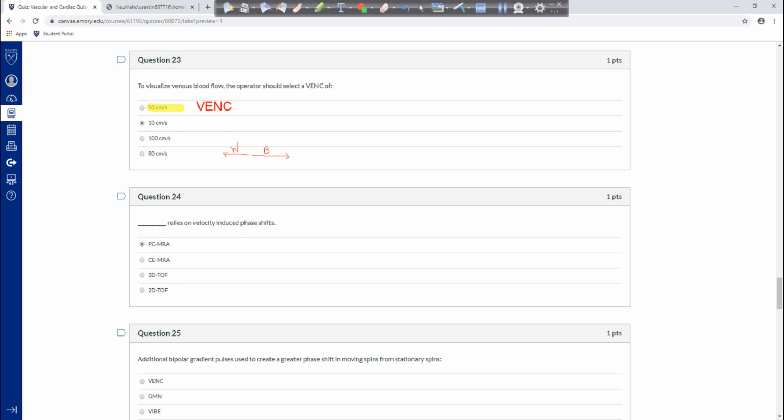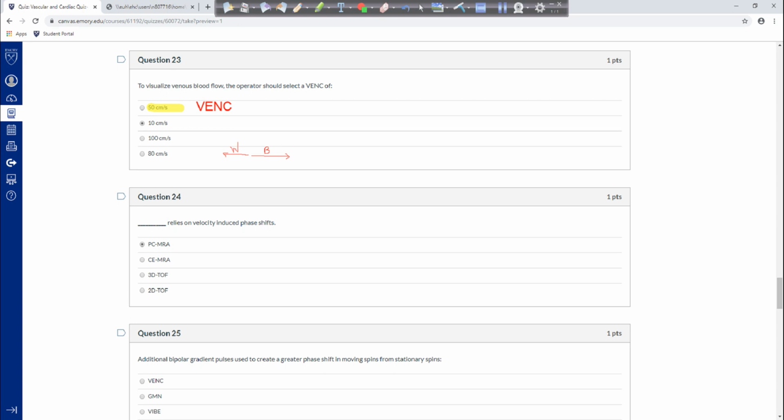So anytime we have a phase shift, we'll get bright signal compared to our stationary tissues, which are not going to get any phase shift at all. That's why phase contrast MRA is usually our best option for saturating background tissue.